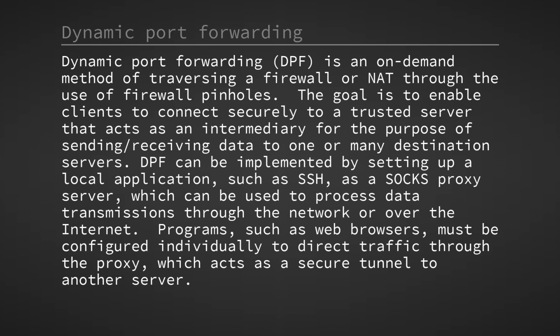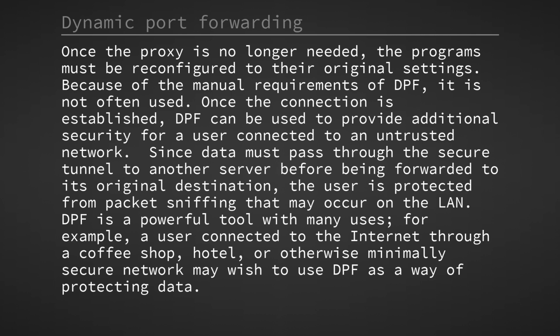DPF can be implemented by setting up a local application, such as SSH, as a SOCKS proxy server, which can be used to process data transmissions through the network or over the Internet. Programs, such as web browsers, must be configured individually to direct traffic through the proxy, which acts as a secure tunnel to another server. Once the proxy is no longer needed, the programs must be reconfigured to their original settings.